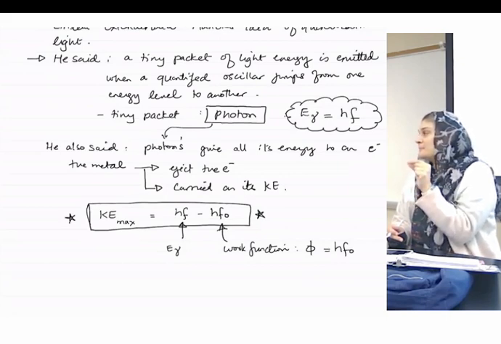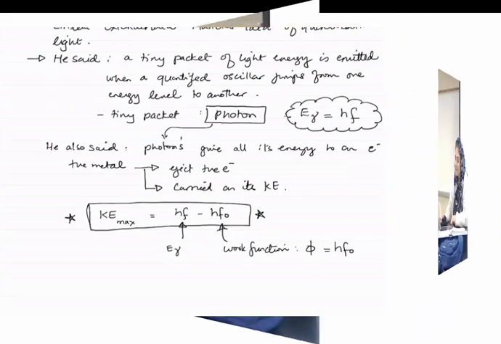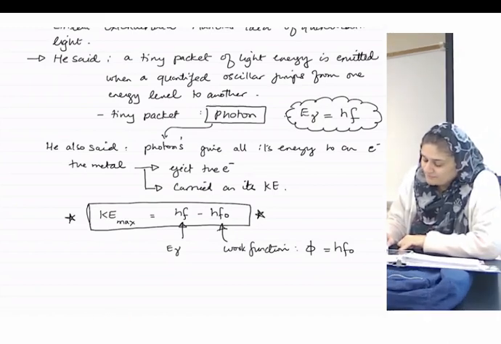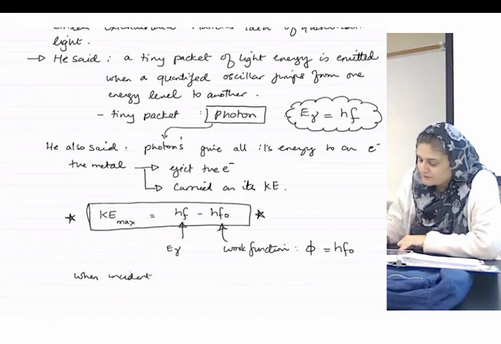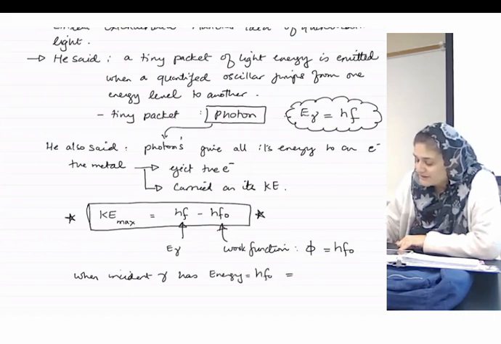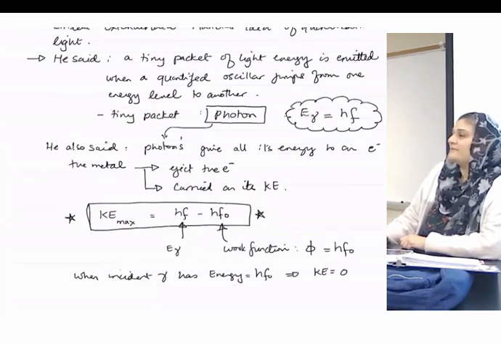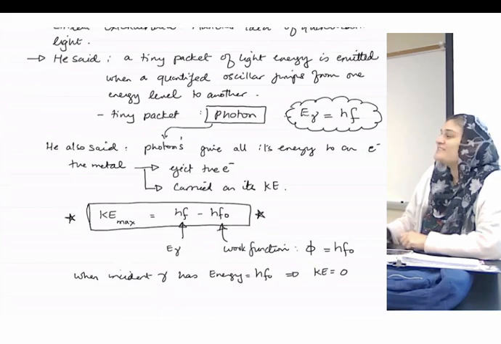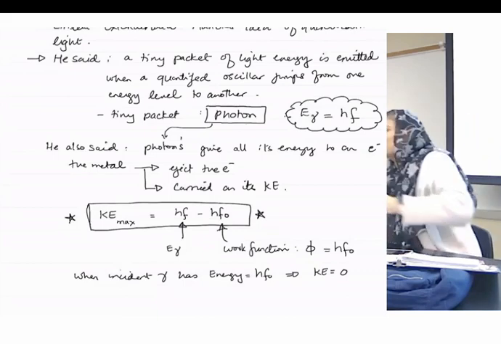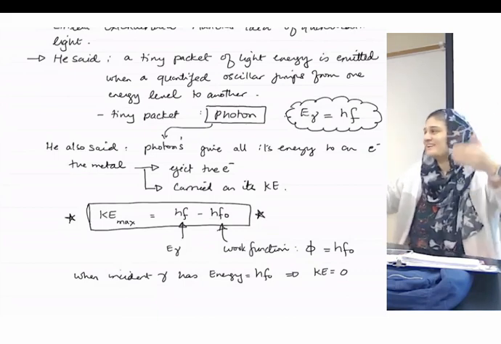When the incident photon has energy hf0, then that implies its kinetic energy will be 0. Get it? Because it has just enough energy to eject it, but it can't go anywhere, it just sits there.